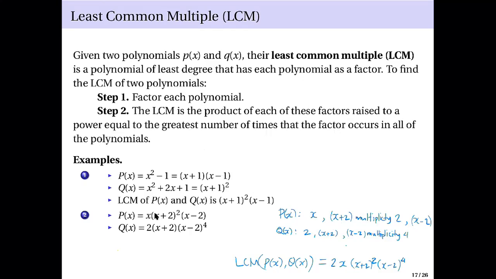X plus 2 appeared in P and also in Q, but the higher power is 2. That's why we have a 2 here.